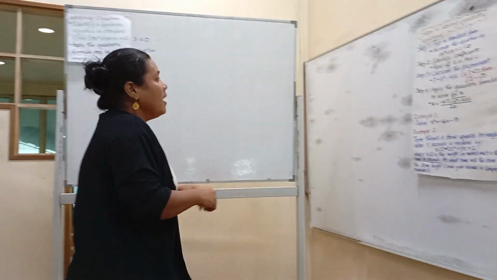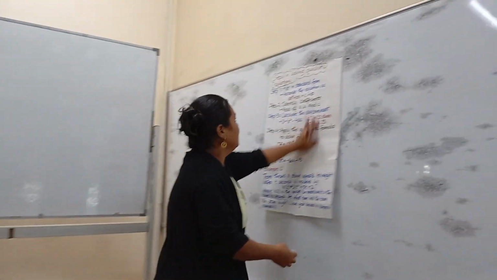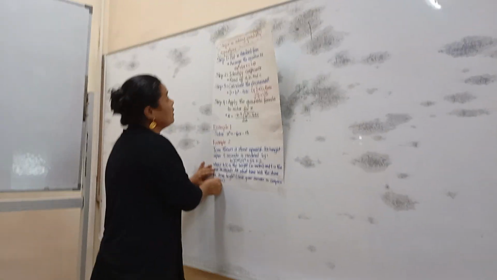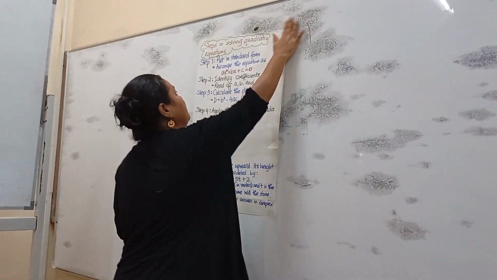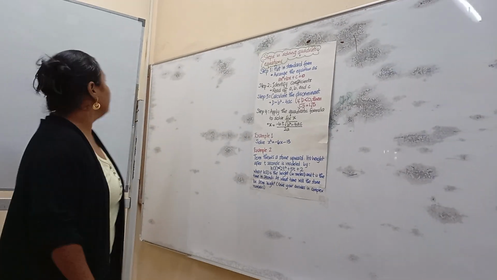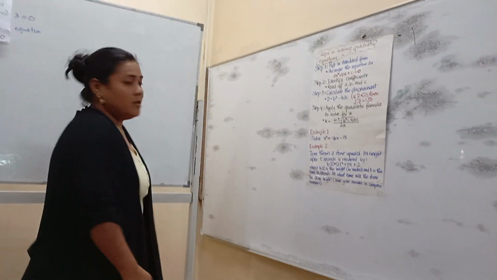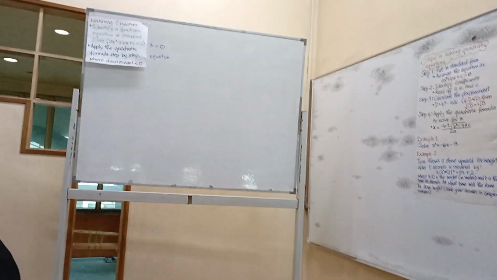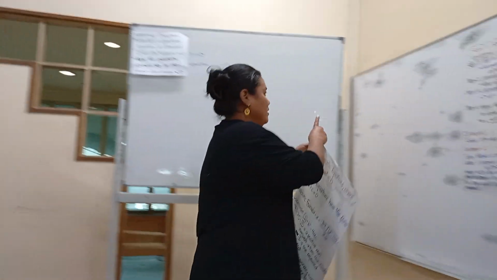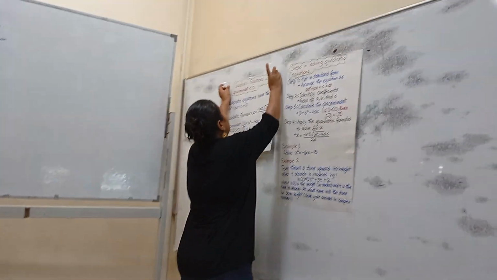Okay, class. These are our notes in solving the quadratic equation. There are 4 steps, and before we proceed to the steps, we must first know what a quadratic equation is.